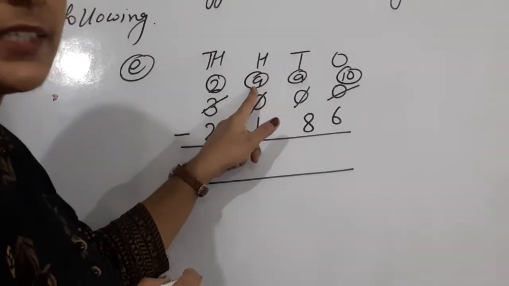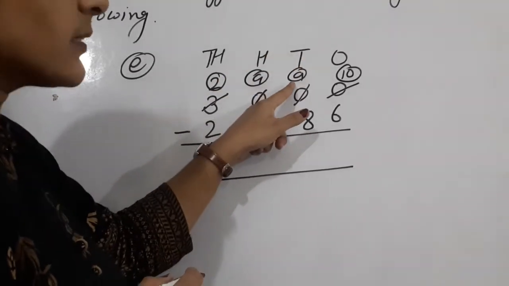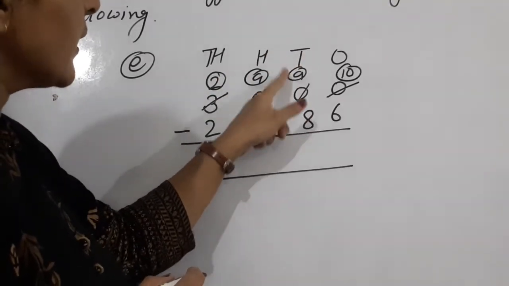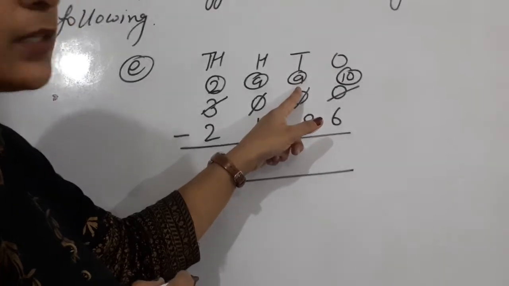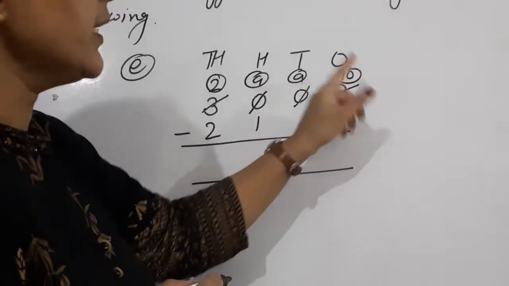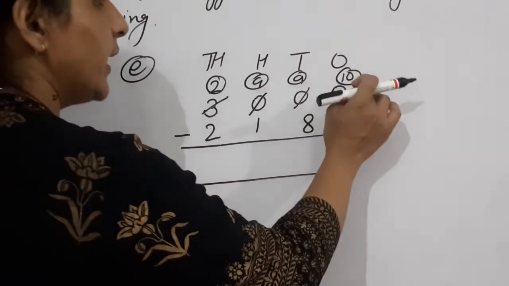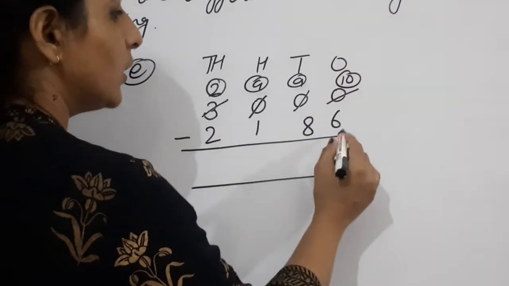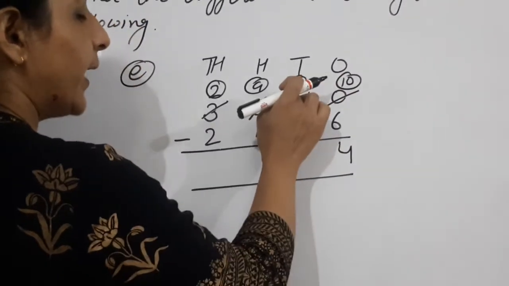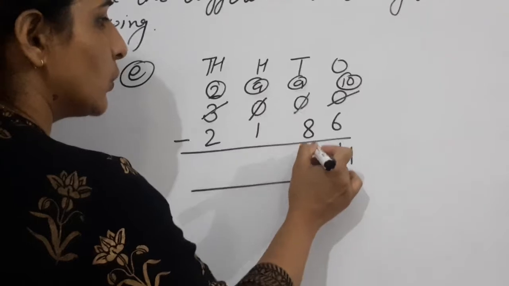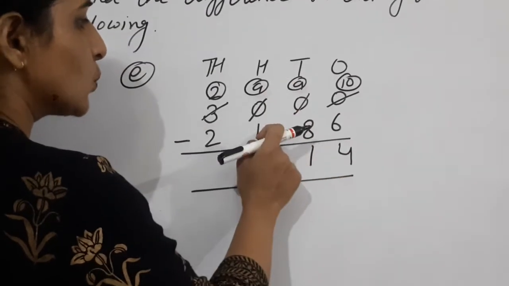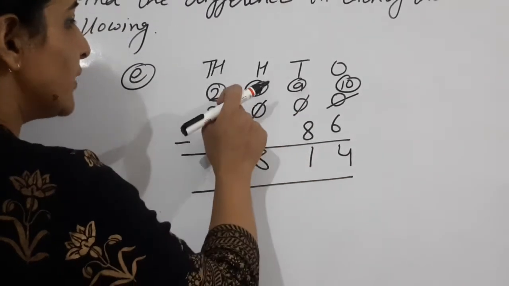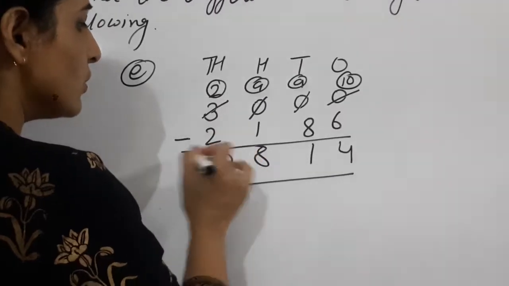Now 9 is remaining here, and there is 10. So 10 minus 6 equals 4, 9 minus 8 equals 1, 9 minus 1 equals 8, and 2 minus 2 equals 0.